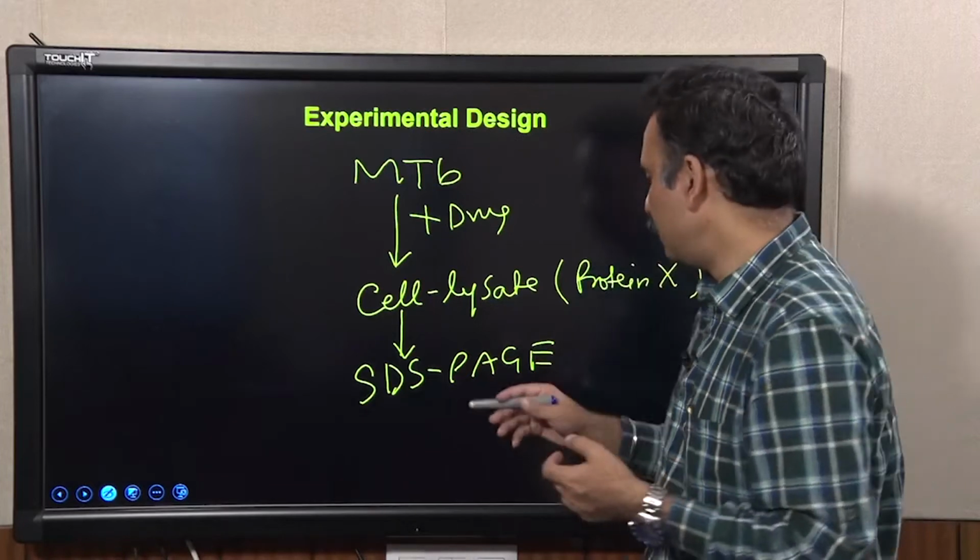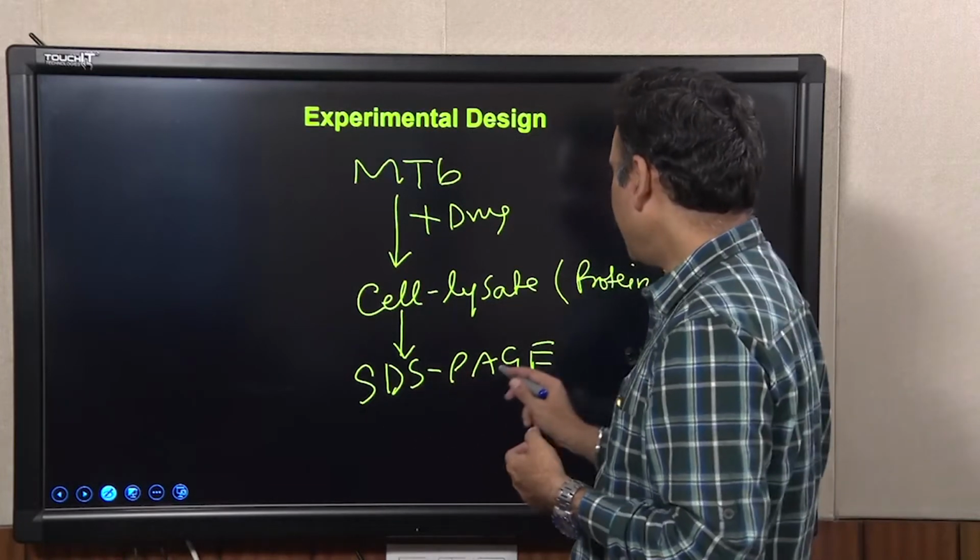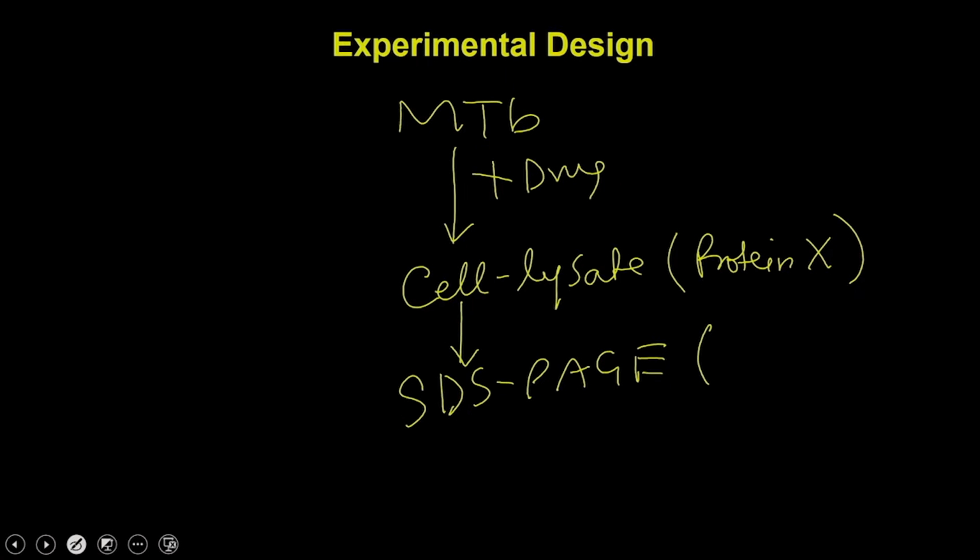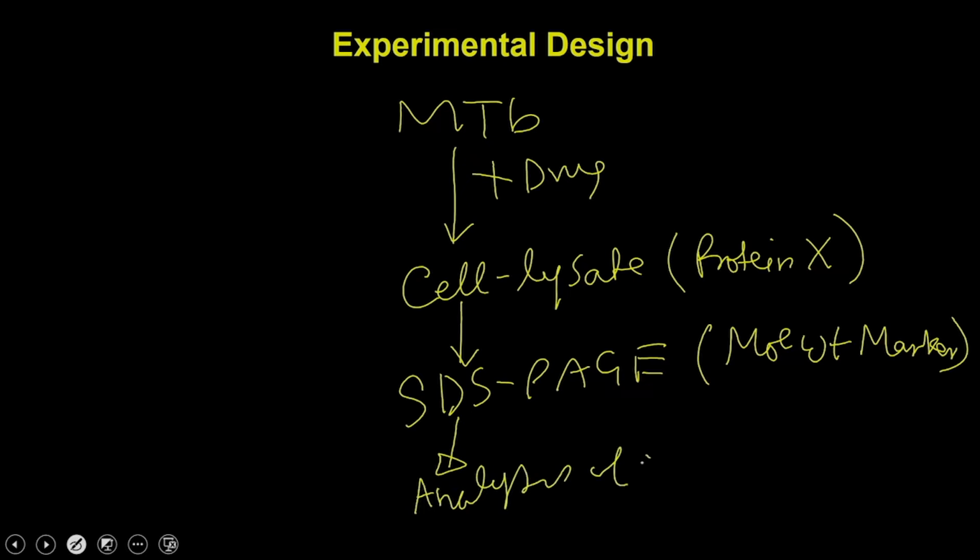So, in that case you run the SDS PAGE, and in the SDS PAGE you should also run the molecular weight marker on the side, so that it helps you know at what position you get what molecular weight. And then you do the analysis of the gel picture with the help of some software.